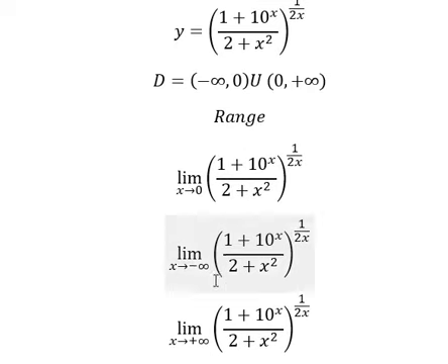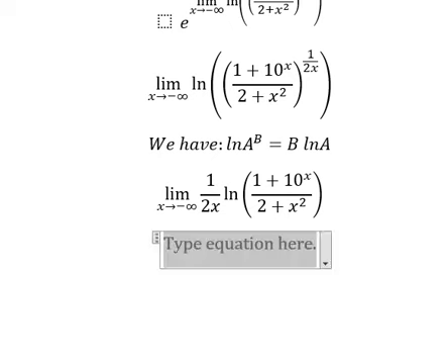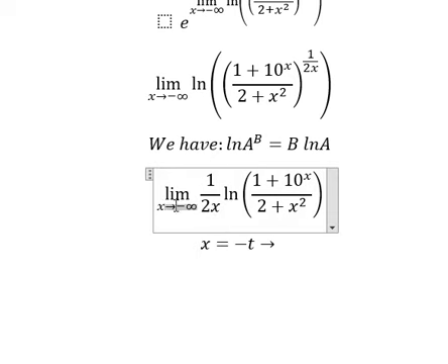Now we can do something similar for the next one. We repeat the same process, but in this one I will put s equals negative t. So we know that s approaches negative infinity.